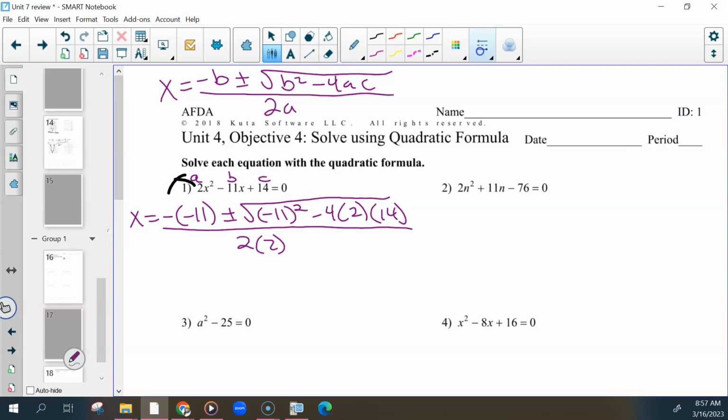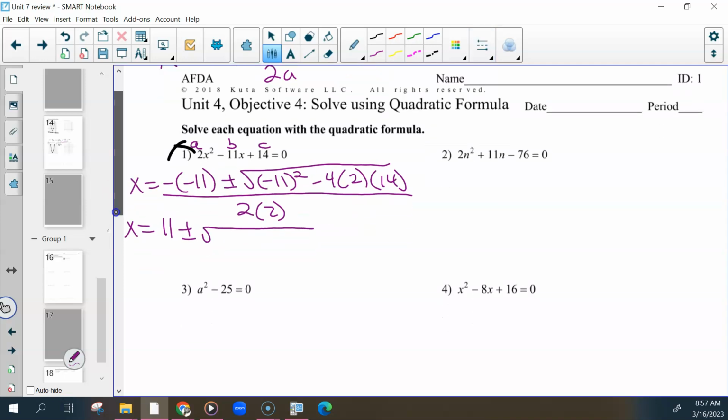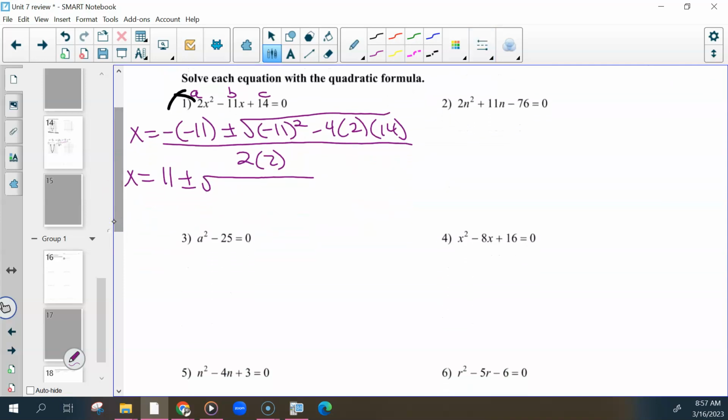And then you start to simplify. So this becomes positive 11. Negative 11 squared is what? Negative 11 times negative 11. 121. And then negative 4 times 2 times 14.